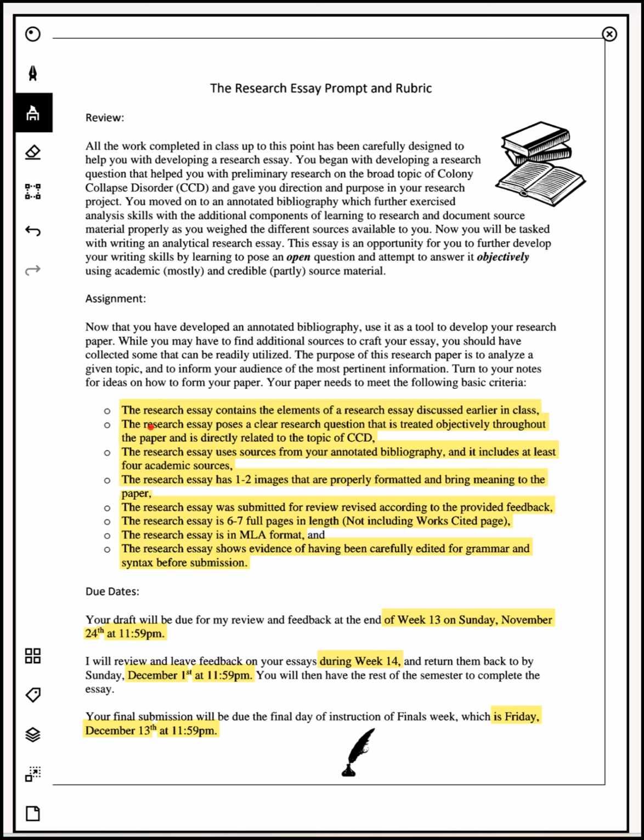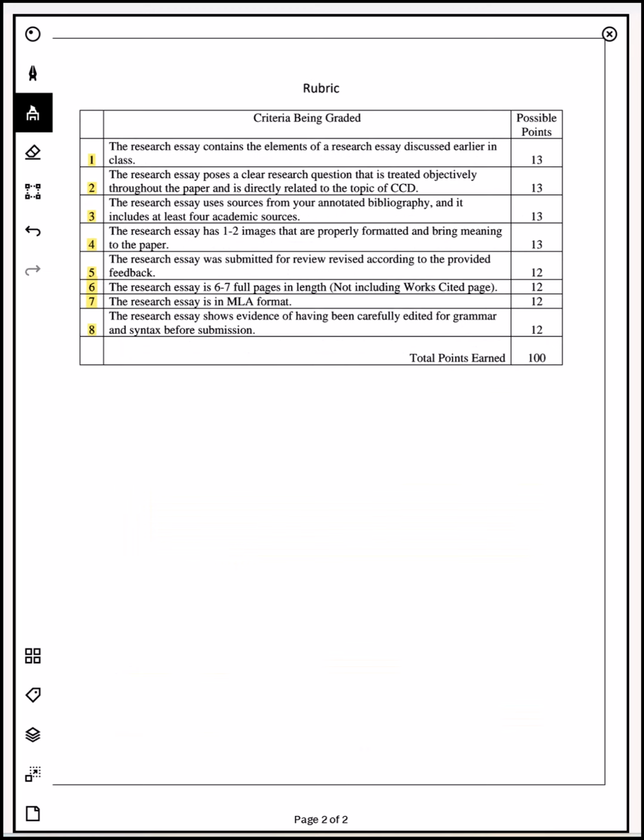I simply copied all of that and I gave points over here. So basically we have between 12 and 13 points is what I weighted everything at, and so I weighted everything fairly equally. So you don't really want to miss any of these points. Okay, so that is the rubric and the prompt.